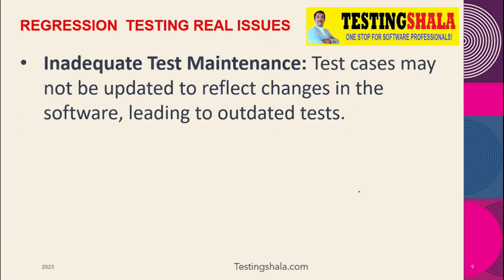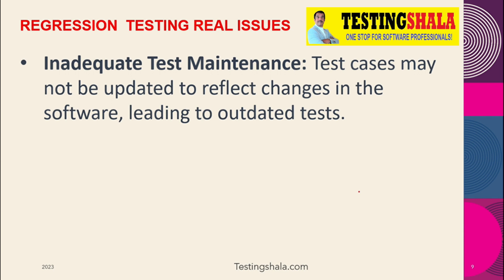And the next issue is inadequate test maintenance as well. Sometimes what happens, as the day progresses, we may get into thousands of test cases in the regression bucket. It may happen that some of the code changes are happening where our regression test cases are not updating accordingly as well.